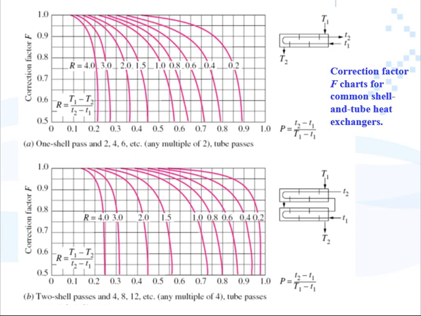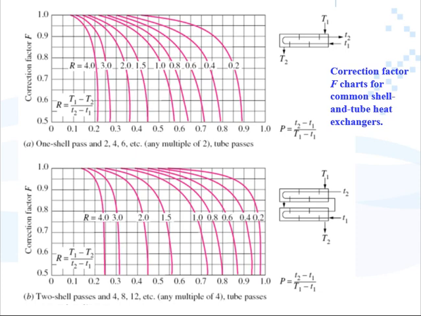For example, here in A, we are dealing with one shell pass and 2, 4, 6 or any multiple of 2 tube passes. We immediately go to the right-hand side and realize what is small t1, what is small t2, what is capital T1, what is capital T2.